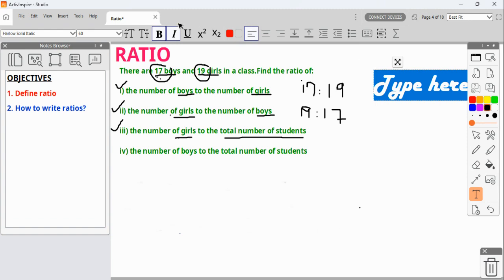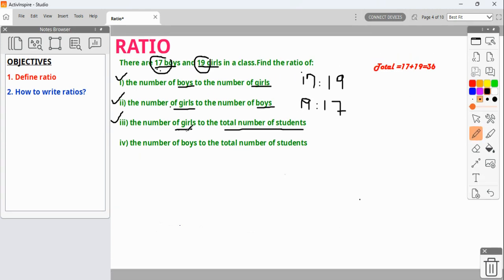Total students will be the total of all this, equal to 17 plus 19, that will equal 36. So how to write the ratio for the number of girls to the total number of students? Girls are 19, the first quantity, that is antecedent, and the second quantity, that is the total number of students, is 36. So I should write here 36.